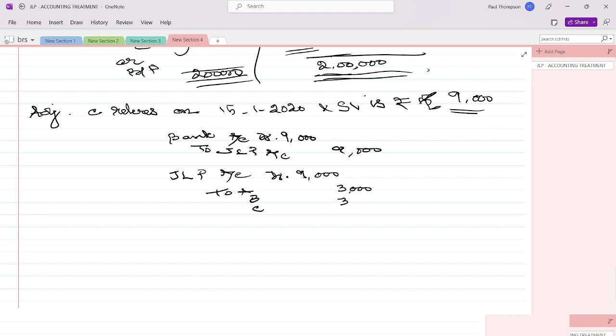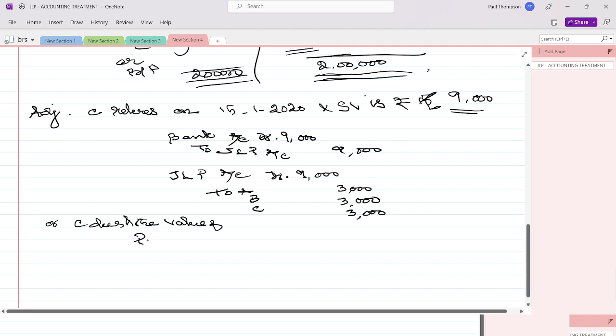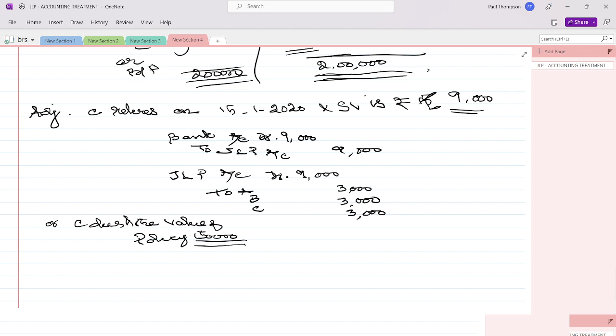Clear? So the conclusion is nothing will appear in your balance sheet in the name of JLP, and if you are given the surrender value, or C dies and the value of the policy is 1,50,000, then the insurance company will make the payment of 1,50,000.